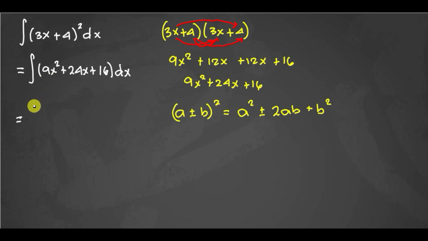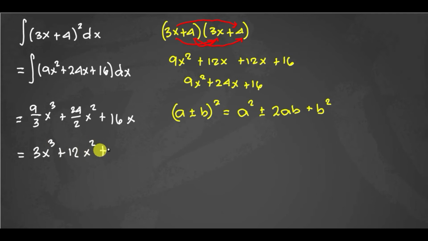For our first term, we'll have 9 over 3, since 3 is the reciprocal of the power added by 1, multiplied by x to the 3, plus 24 over 2 x squared plus 16x. Simplifying, we get 3x cubed plus 12x squared plus 16x plus c. There's a plus c here.